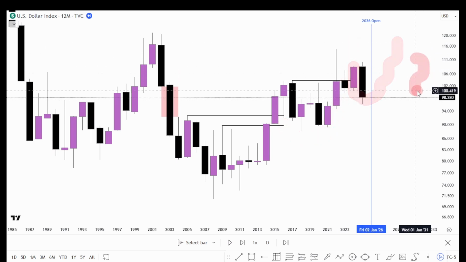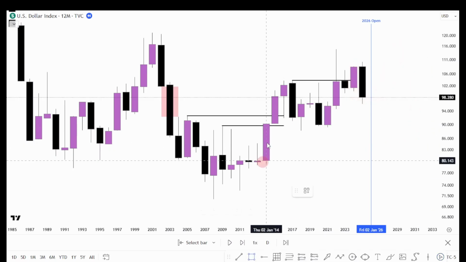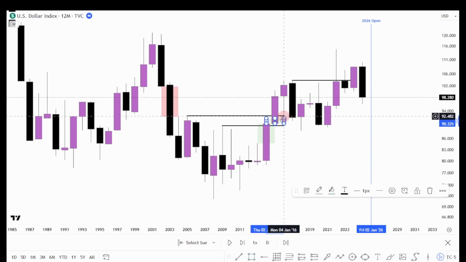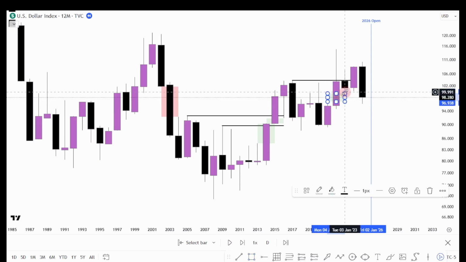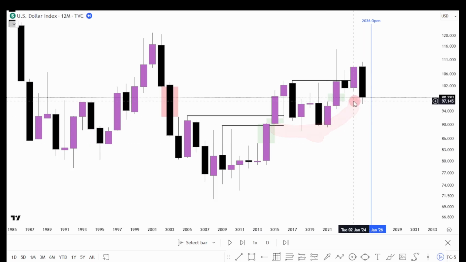At the same time, when breaking previous swing highs, price is creating bullish fair value gaps. These ones right here. And notice, that is exactly where the retracements end, and price resumes the bullish expansion. Again, we could be in one right now as we speak.